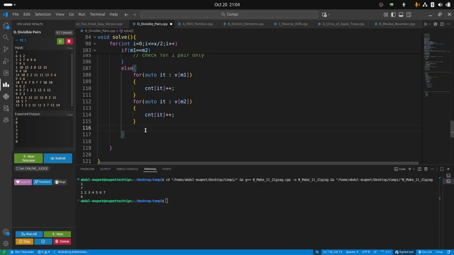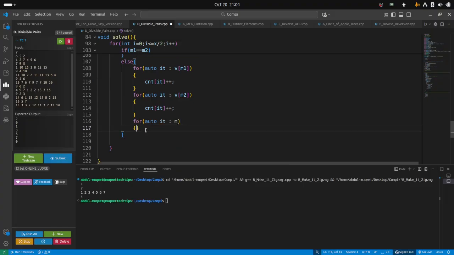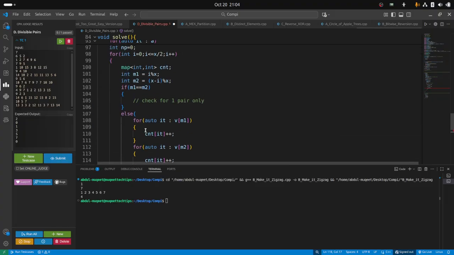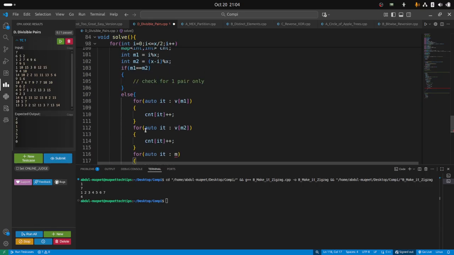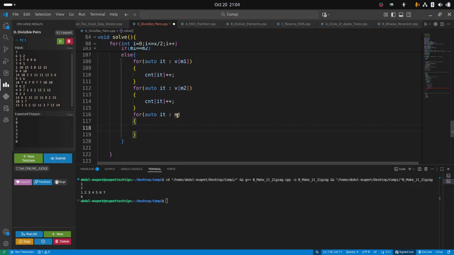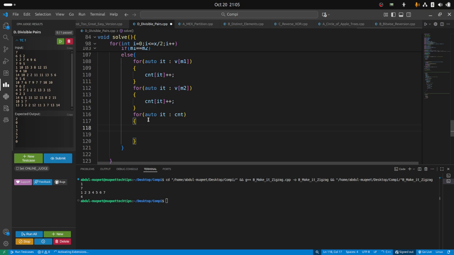And now, what I'll be doing is iterating through the map. I think we did consider time complexity. There will be issues actually with the time complexity.